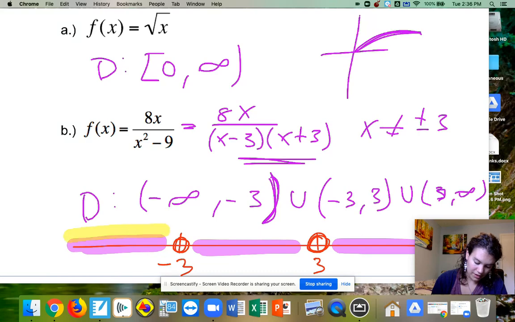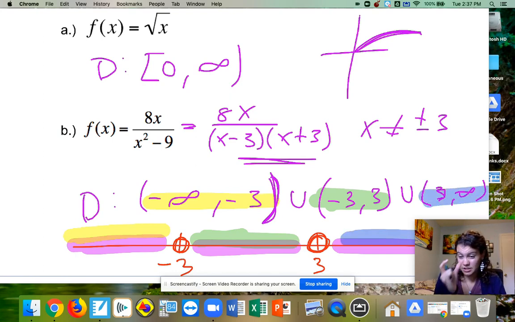So this corresponds to this part. Here corresponds to here. And this chunk corresponds to this chunk. So you're writing the sections of your number line that you can use.